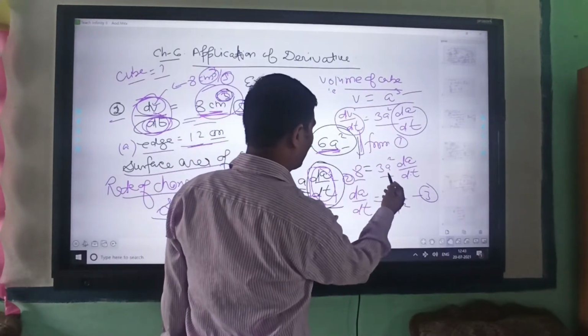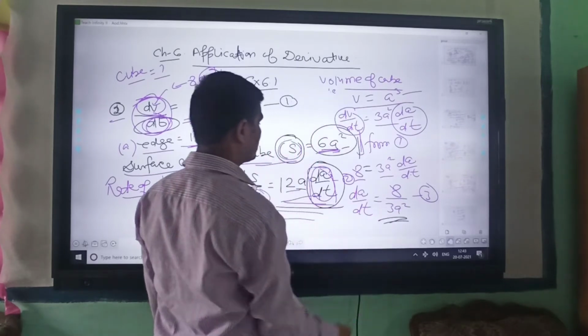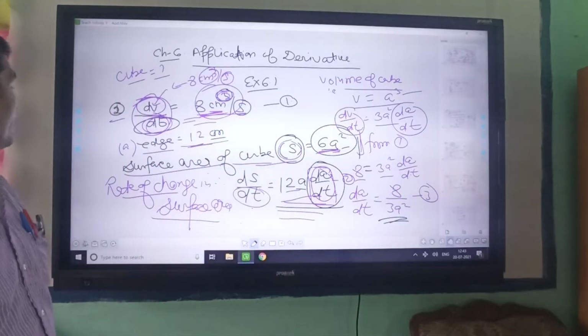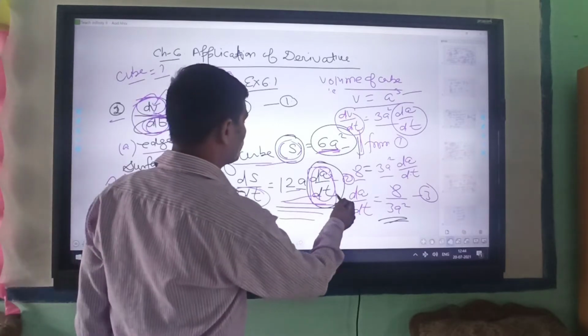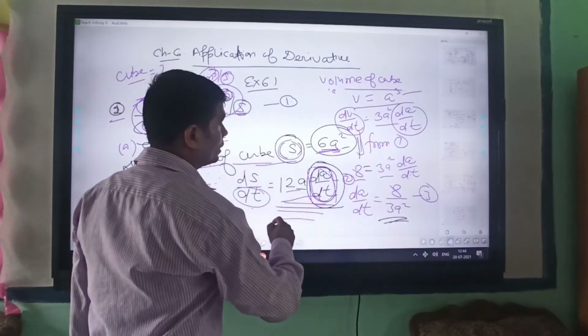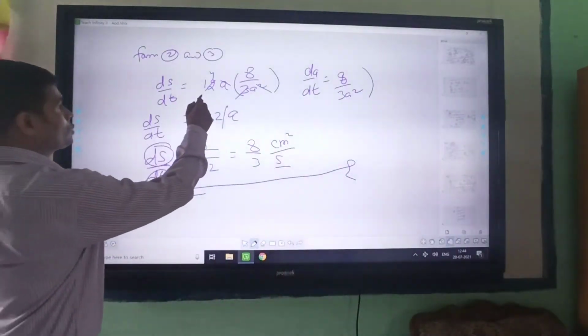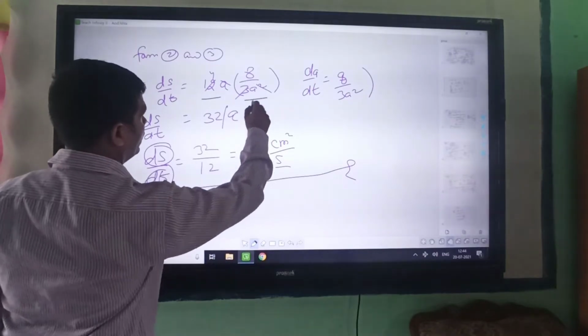Now this will go to the other side, so da by dt equals 8 upon 3a square. Now substitute this value of da by dt in the equation, that means dS by dt equals 12a into 8 upon 3a square.